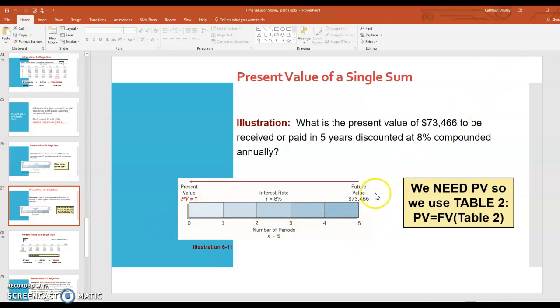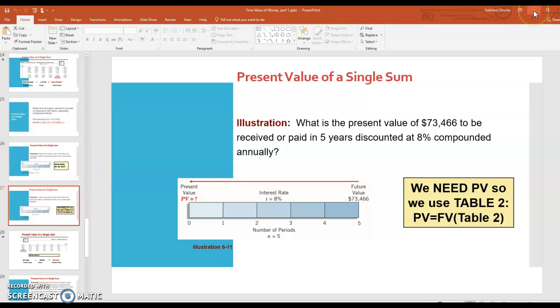So our timeline shows our future value, the 73,466, and our I and our N, and our PV is now our question mark. Now with the app, you don't have to worry about what table. Like when we're using the tables, you had to determine, are we going to use table 1 or table 2 or table 3 or table 4? Whereas here, we just plug in what we know and press the button for the thing we don't know.